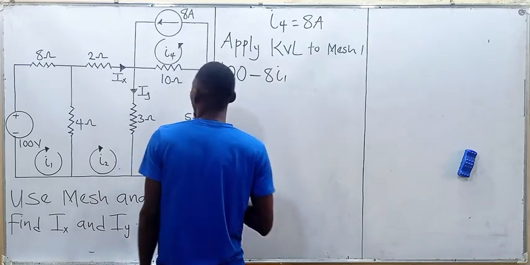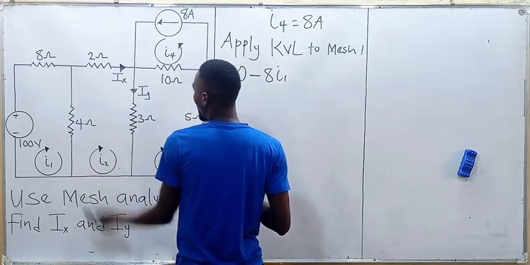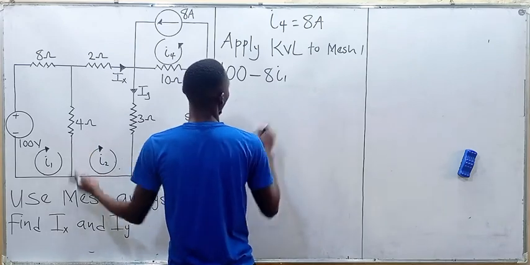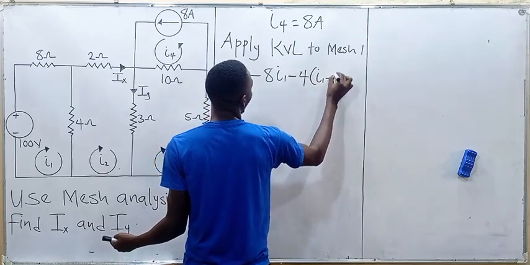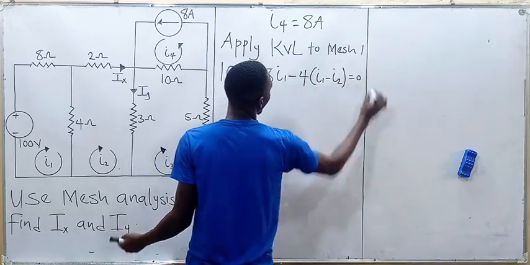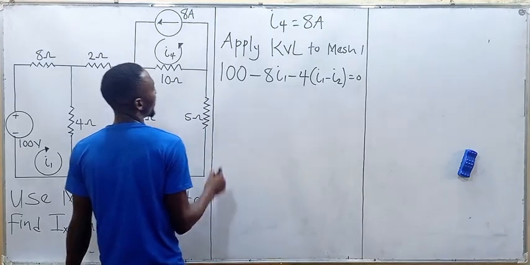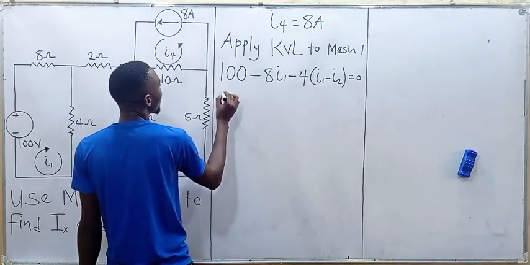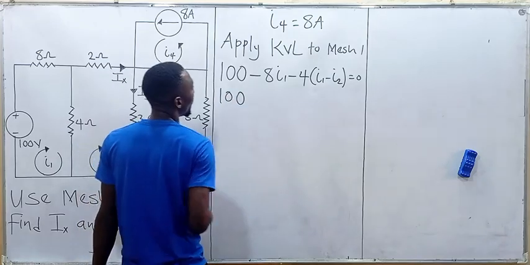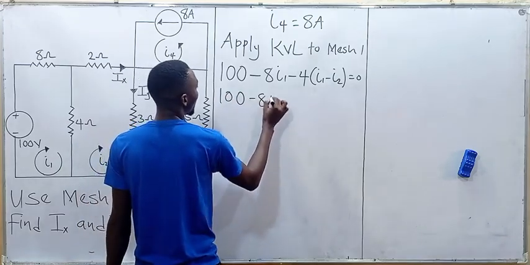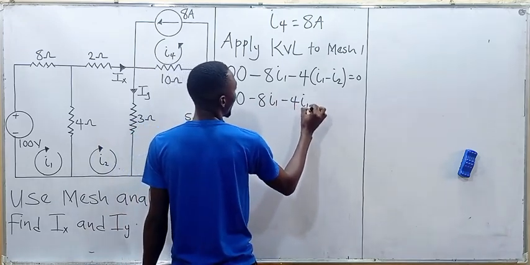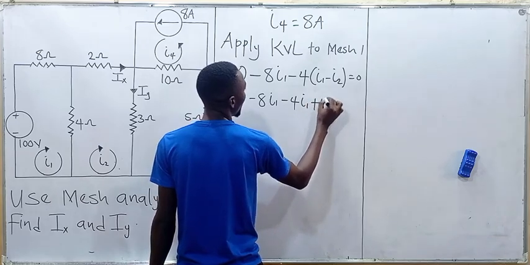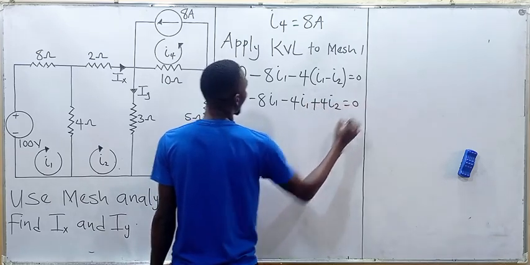Into I1. All right. This resistor is between mesh 1 and mesh 2, so it's going to be minus 4 into I1 minus I2. This will be equal to 0. So I can therefore say 100 minus 8I1, then minus 4I1, then plus 4I2 equals 0.